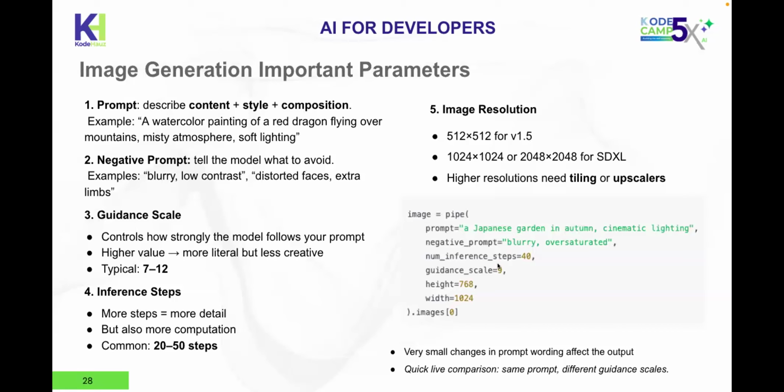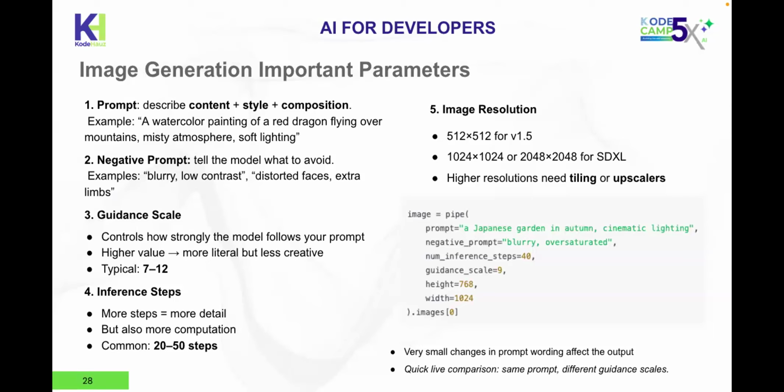So when we are talking image generation, there are some important parameters that you need to remember. Of course, a prompt, which we already know. When you are prompting, you need to ensure that you give enough information. The information is made up of three main parts. The first is you have to describe the content of the image, what should be in the image.